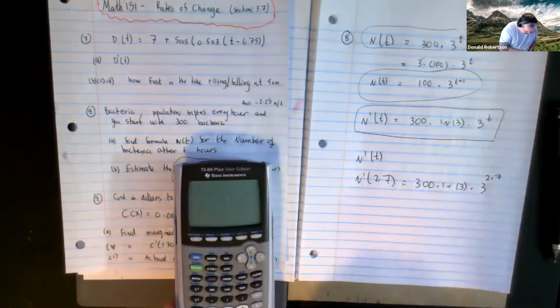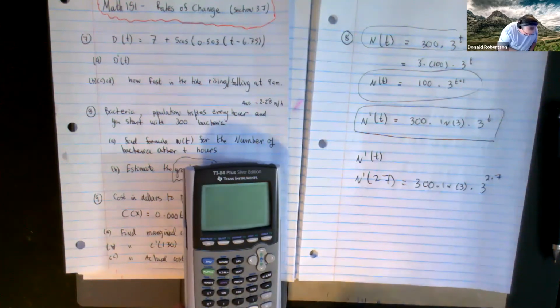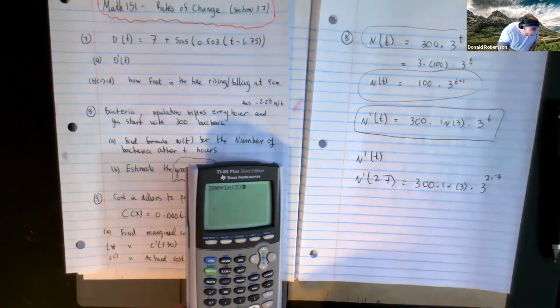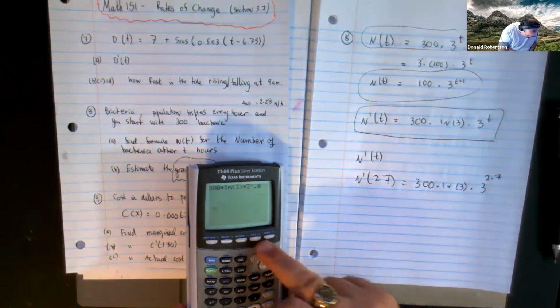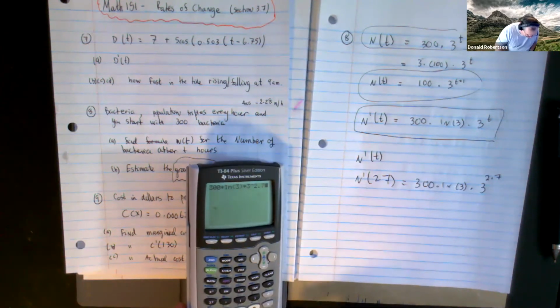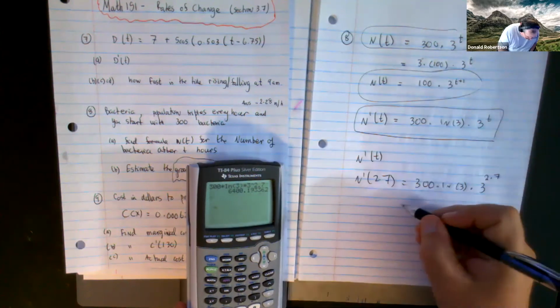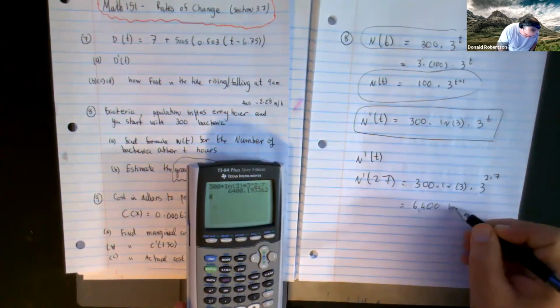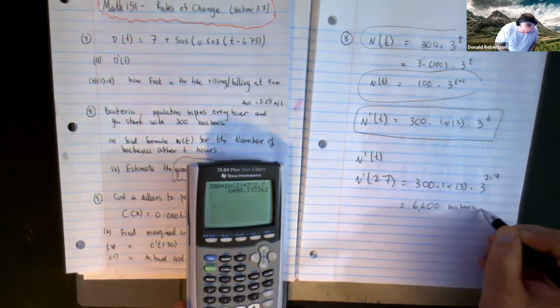And that's what calculators are for. So 300 times the natural log of 3 times 3 to the power of 2.7. And the answer we get to the nearest whole number is that.